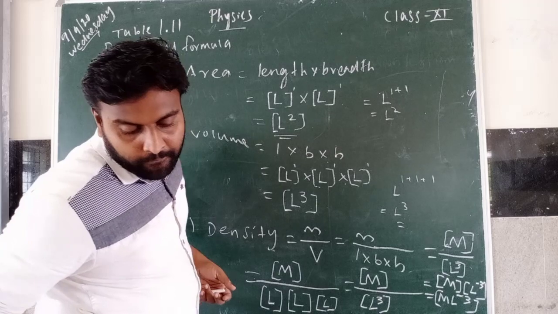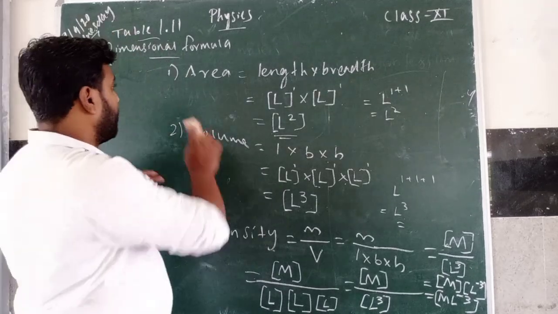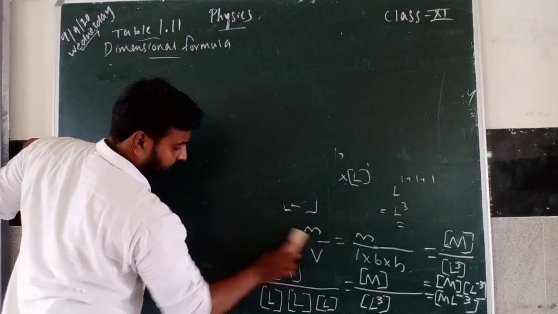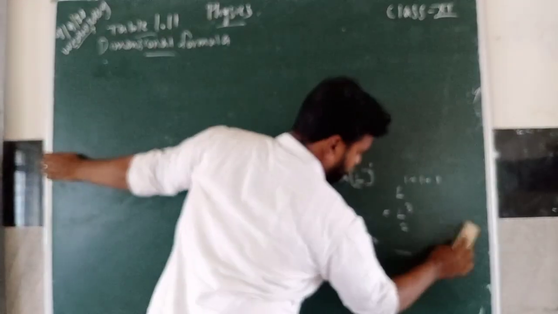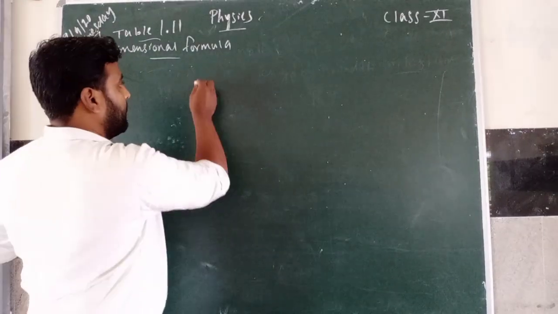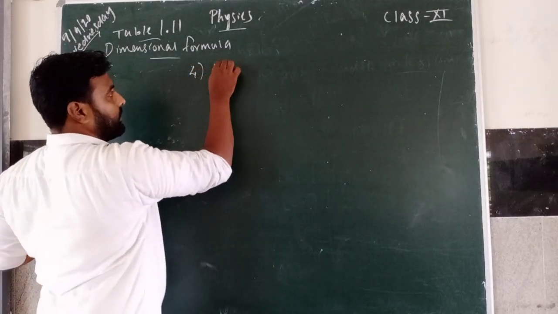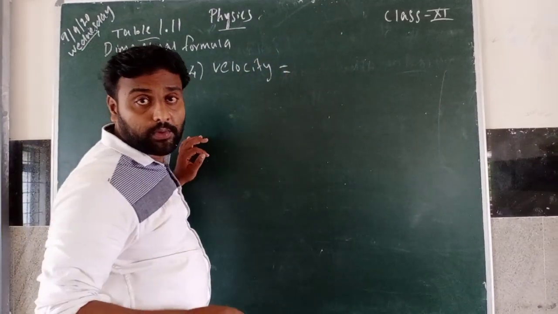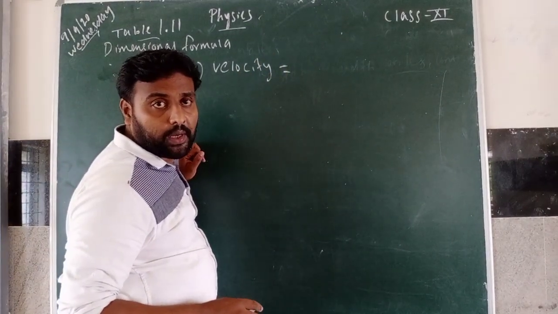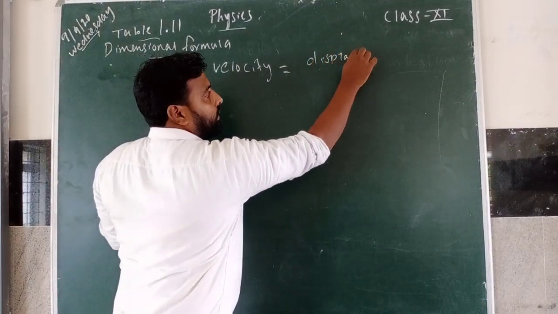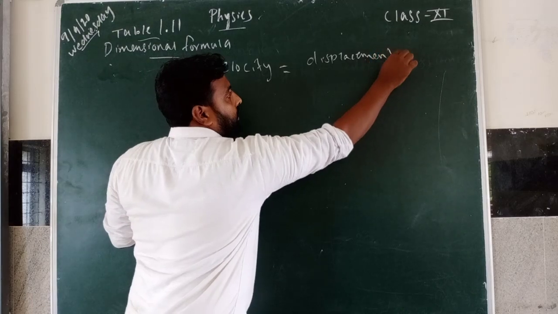Now the next example is velocity. Listen, velocity. The velocity formula is displacement by time.